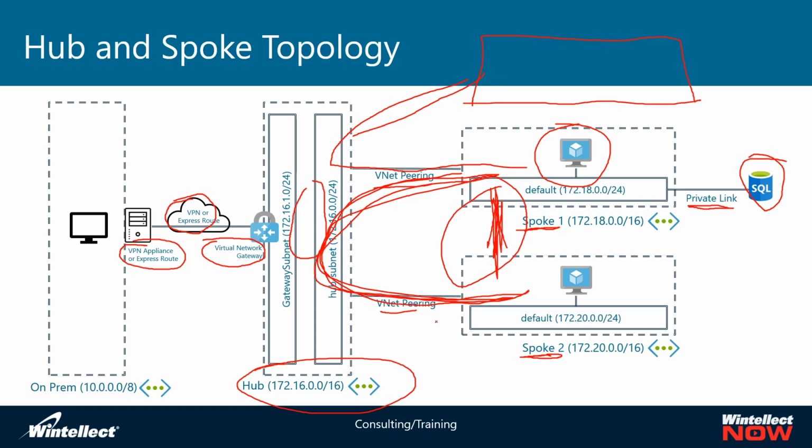It is possible, but it's not a recommendation. It's something you might want to consider if you have a lot of spokes coming off of your hub VNets. It might work for smaller deployments, but for larger deployments, it's not a best practice. The best practice is to use a transient network.